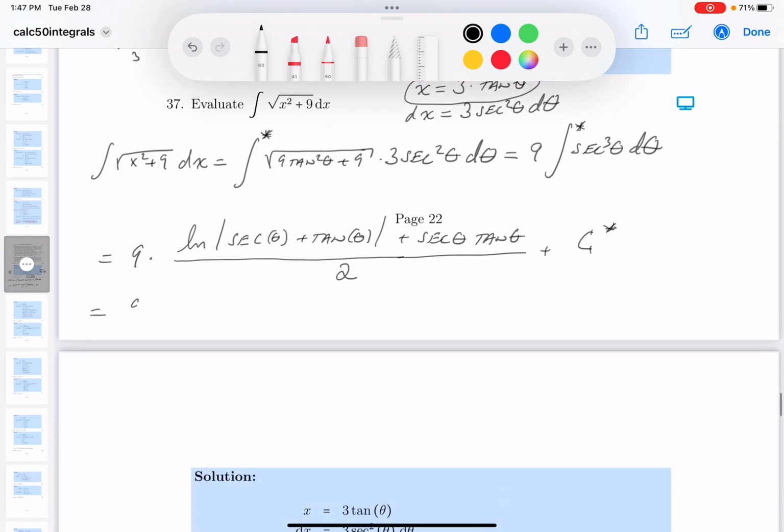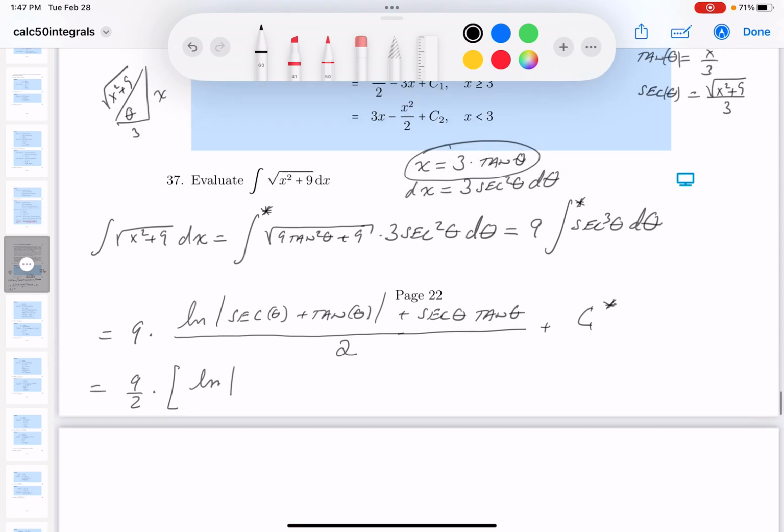It's 9 halves. We'll check the key later. And that's going to be the natural log of the secant of theta. And I think I just did that. Yeah, square root x squared plus 9 over 3 plus the tan of theta, that's x over 3.